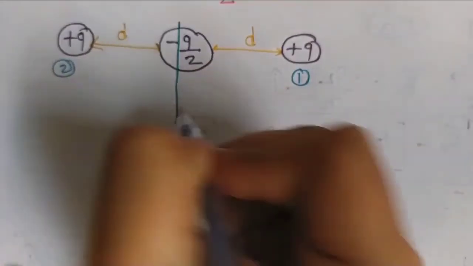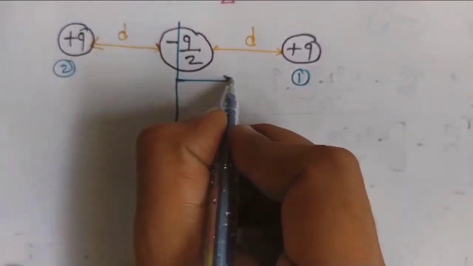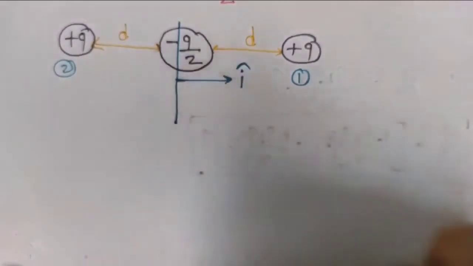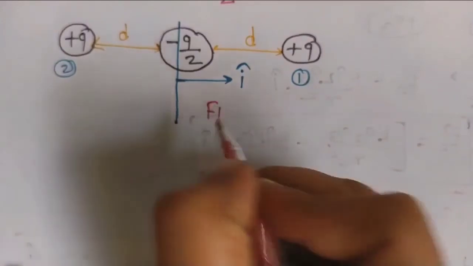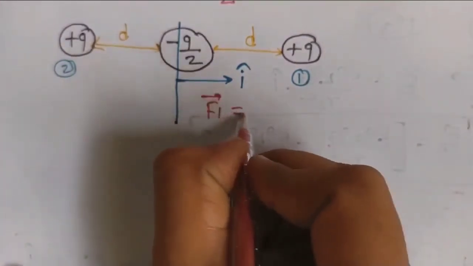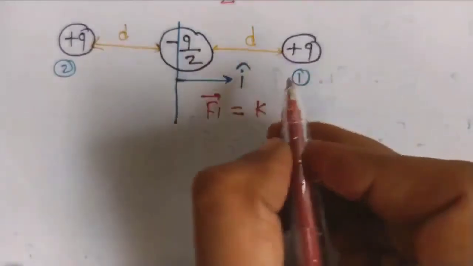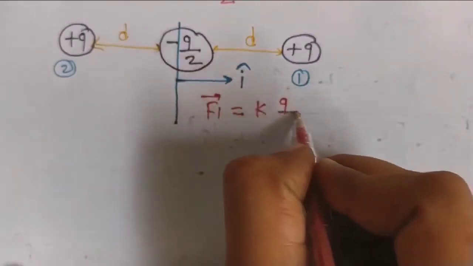So we draw, this is charge 1, this is charge 2. The net force on the charge minus Q by 2 due to the first charge: both charges have opposite polarity, that's why they attract each other, and the direction of the force is towards the charge. That is F1 bar is equal to K Q by 2.